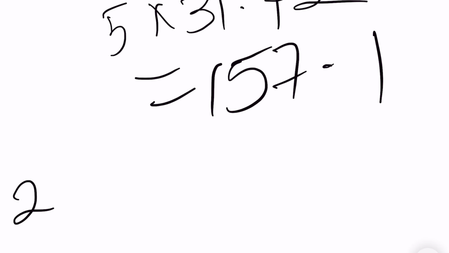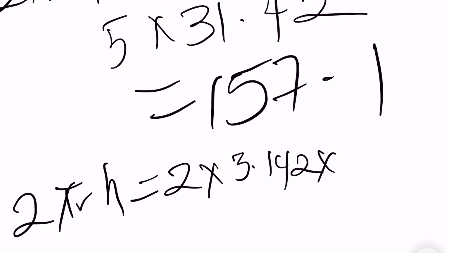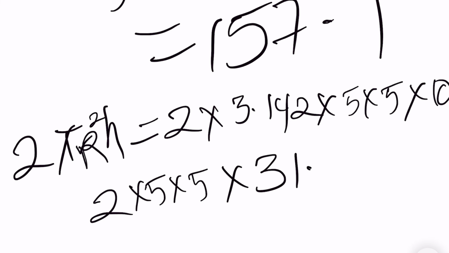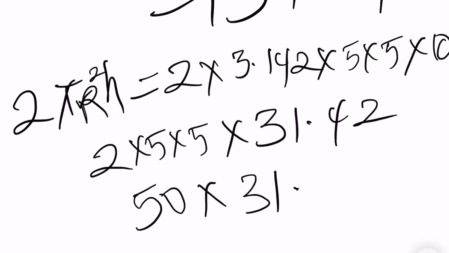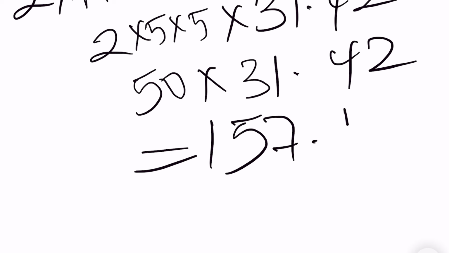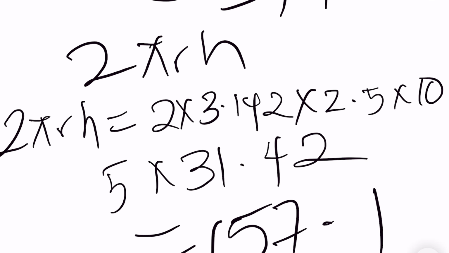The third one is 2 pi R squared, which is 2 times 3.142 times 5 times 5, which is 157.1.